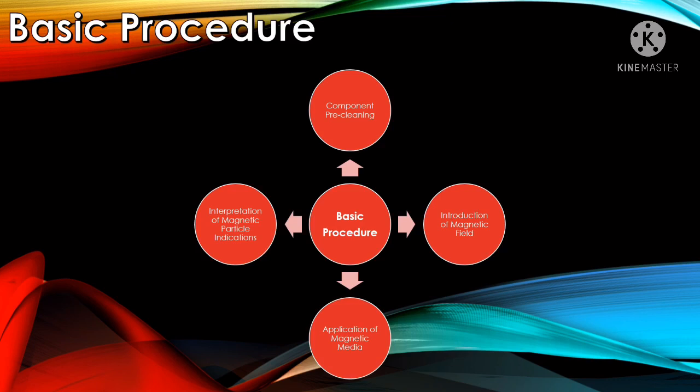Now I am going to talk about the basic procedure. The basic steps involved are: first, component pre-cleaning; second, introduction of the magnetic field; third, application of magnetic media; and lastly, interpretation of magnetic particle indications.